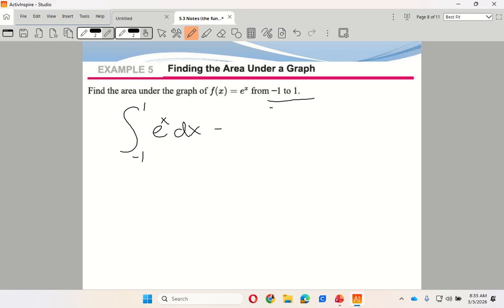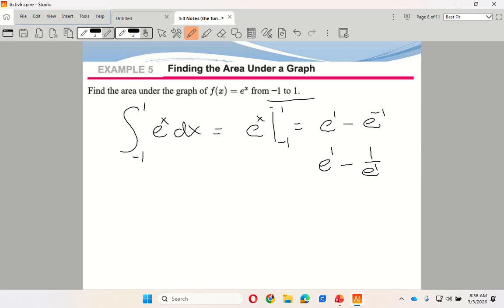So this is basically saying that I'm going to have e to the x from -1 to 1. So mathematically, I'm going to have e to the first minus e to the -1, which is 1 over e, so it's e to the first minus 1 over e.